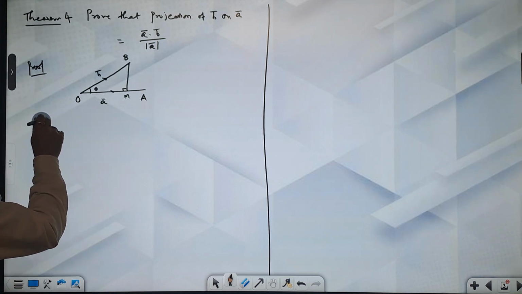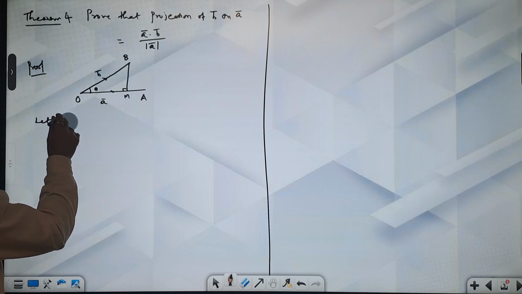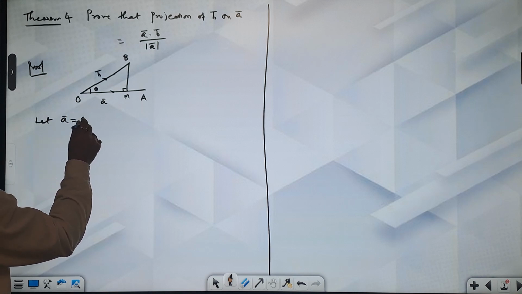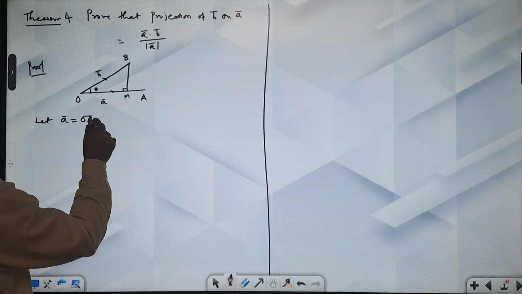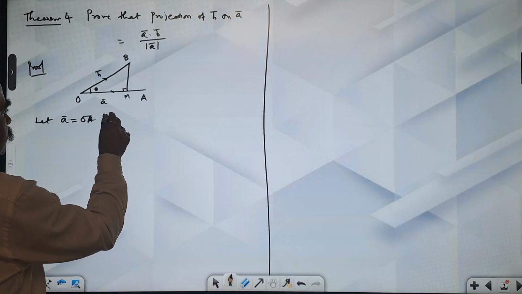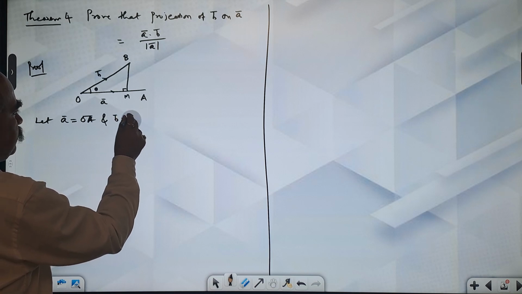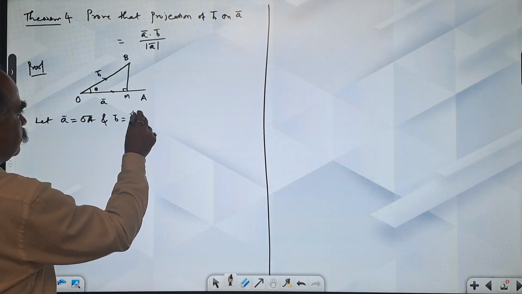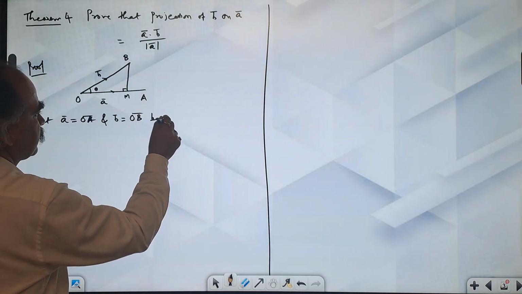Let A bar is equal to OA bar and B bar is equal to OB bar be two vectors.